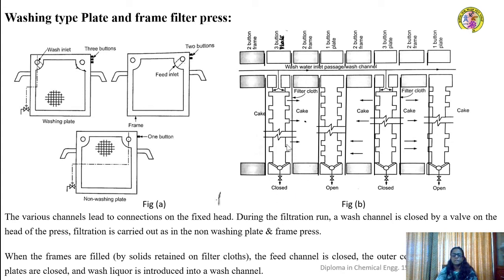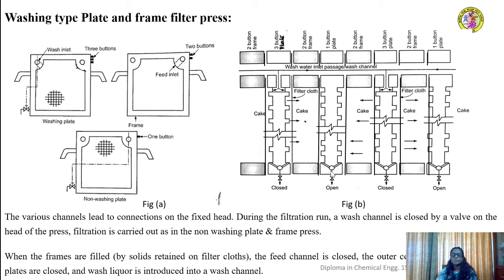Now the wash liquor will flow from behind the filter cloth, cross the filter cloth through the openings, and then it passes through the filter cake bed uniformly. Then when it comes to the next plate, it again passes into the filter cloth, then flows along the face of the next plate, and that plate's outlet cork will be open.